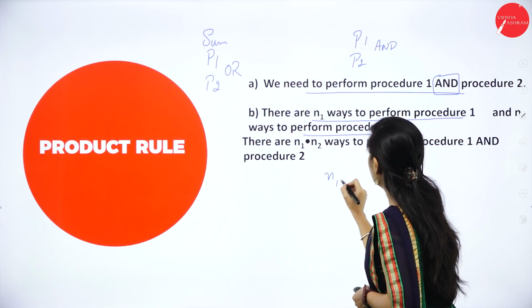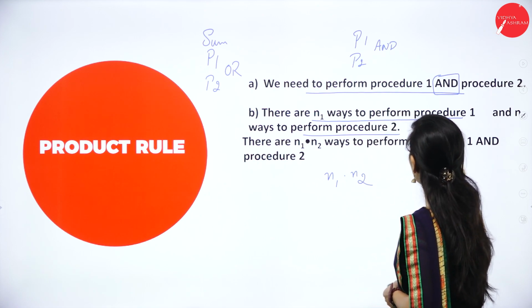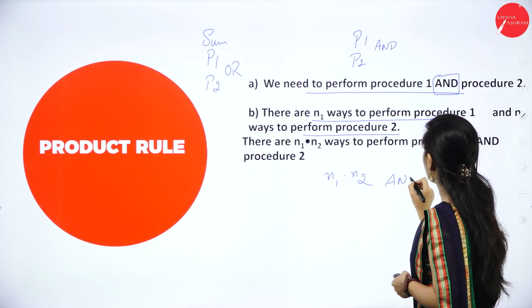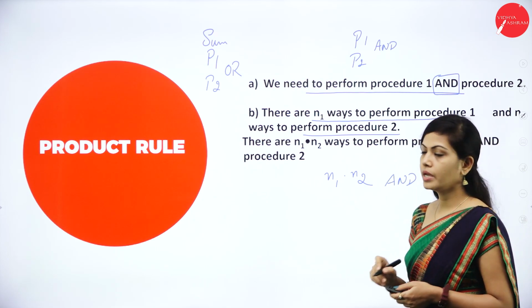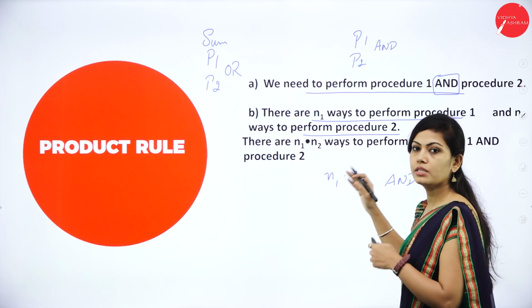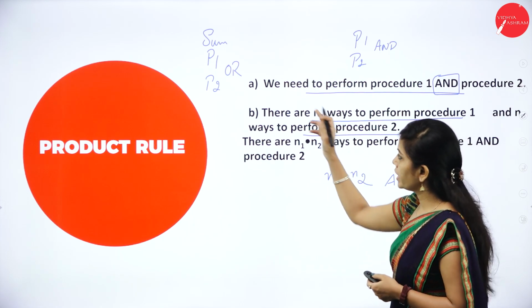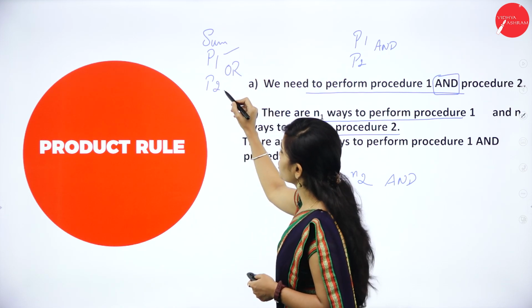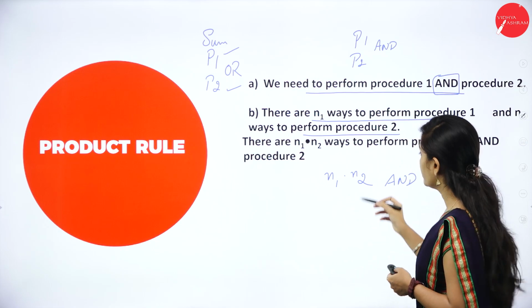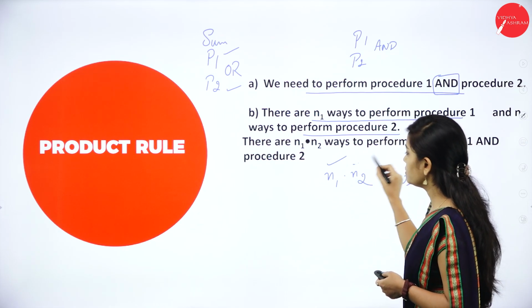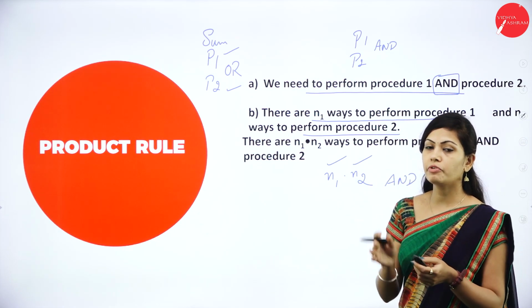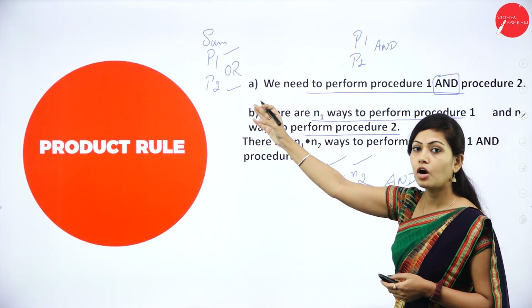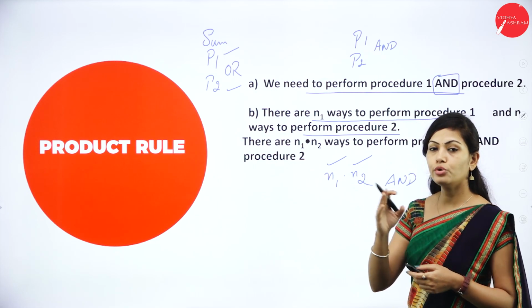Therefore, there are n1 dot n2 ways to perform procedure 1 and procedure 2. So here we use and: n1 task and n2 task. But in the sum rule, we choose procedure 1 or procedure 2. This is the difference between the product rule and the sum rule. In the sum rule we use or, but in the product rule we use and.